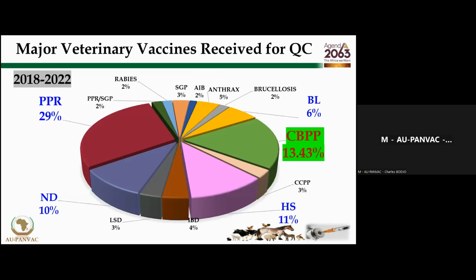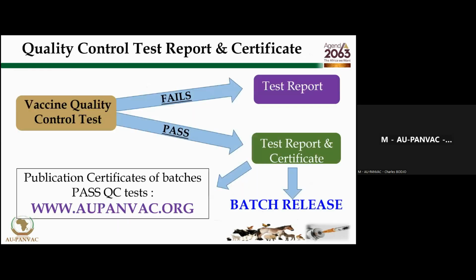So here, just to indicate that CBPP is the second major vaccine tested in PANVAC. The first one is PPR, as you can see, almost 30% of vaccine submitted to PANVAC for quality control are PPR, and the second is CBPP in terms of major vaccine tested.